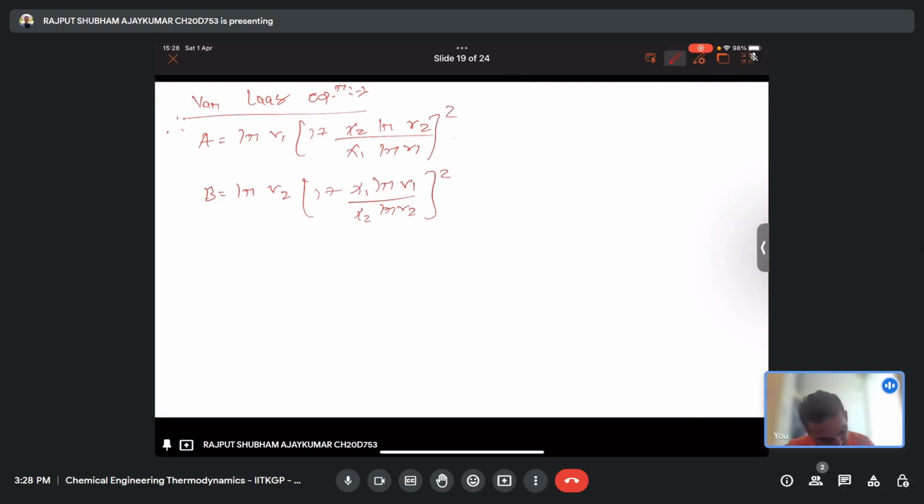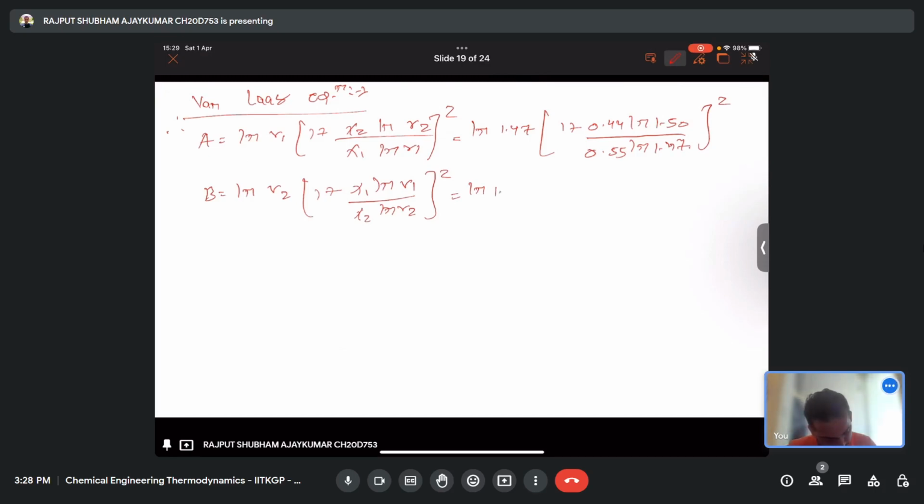Okay, so this comes out to be ln gamma 1 is 1.47, 1 plus x2 is 0.44 into ln of 1.50 whole square. X1 is 0.55, ln of 1.47. Similarly, put all the values here.